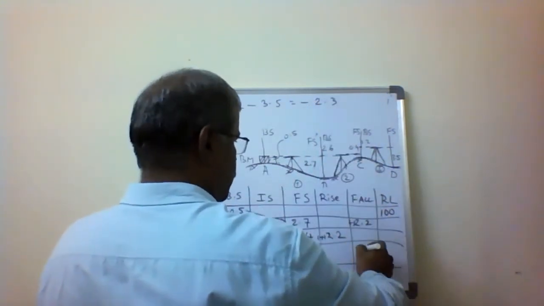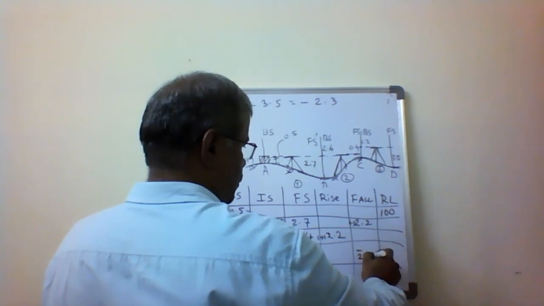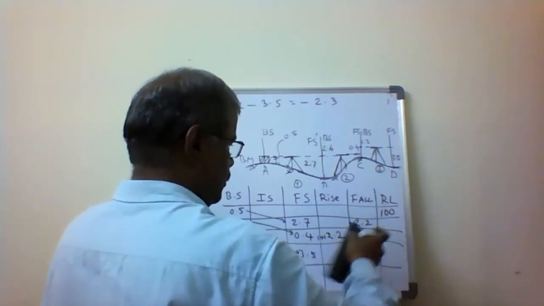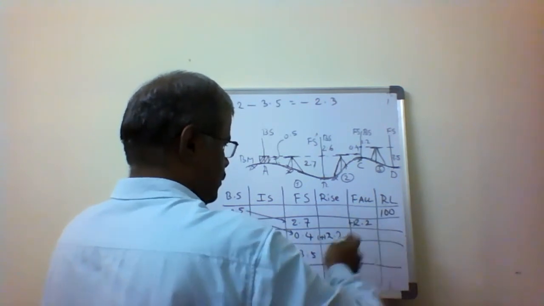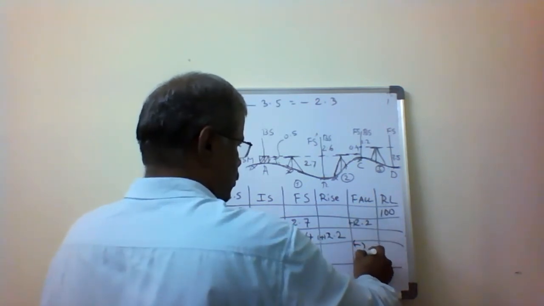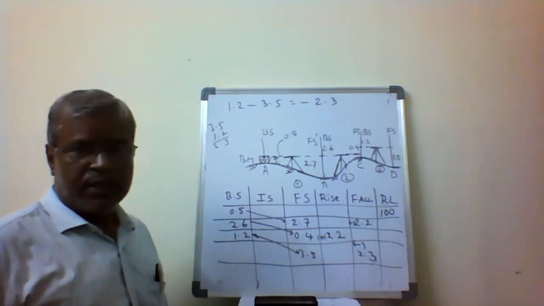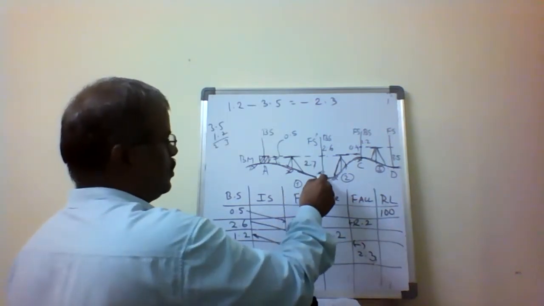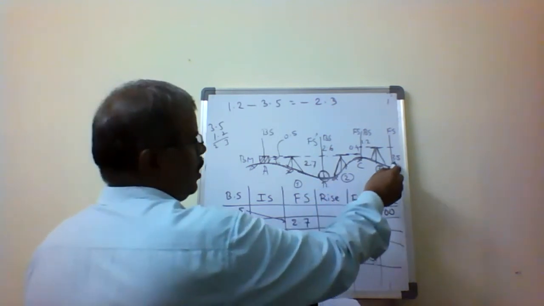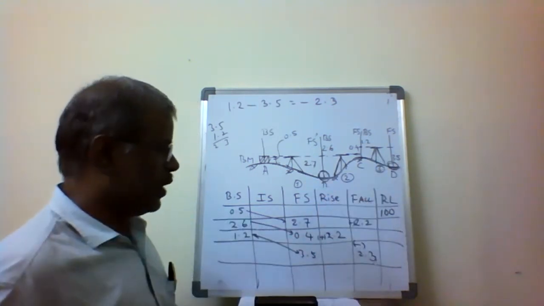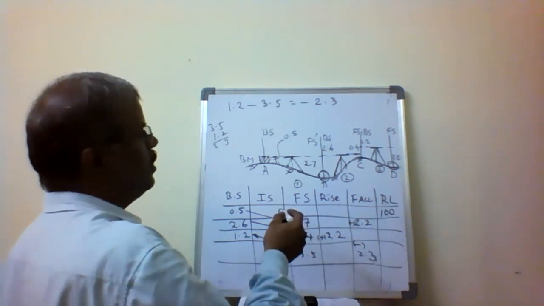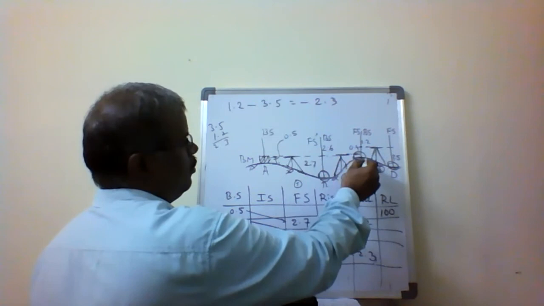So the minus value 2.3 is going to be a fall. How many points are going to be a fall? This is 1 point, and this is the second point. 2 points are in the fall. So 1 point will be on the rise.